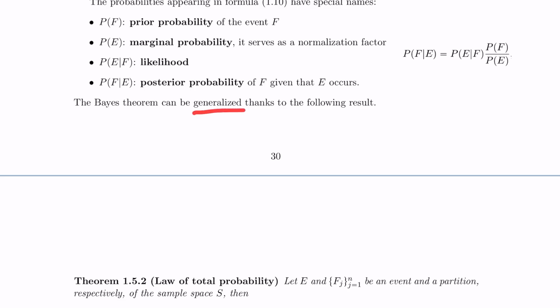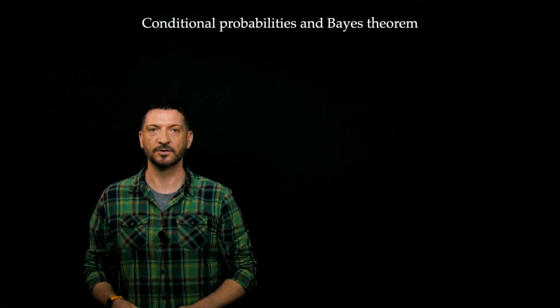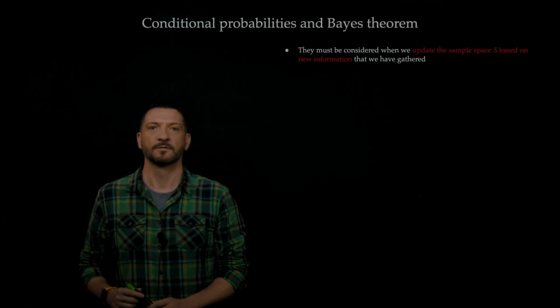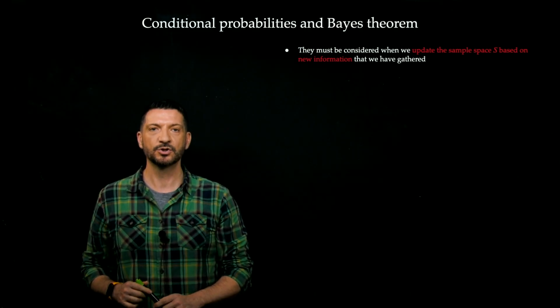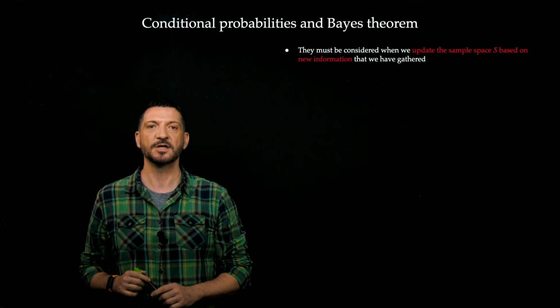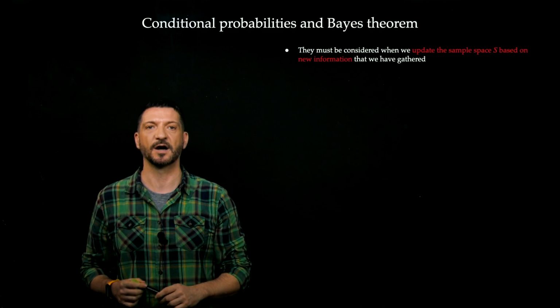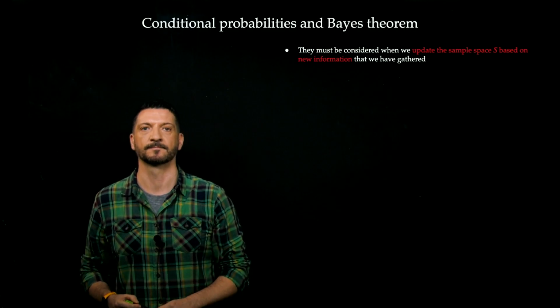Before giving a generalization, let's recall what we have seen so far with a short video. Let's recap in this video both conditional probabilities and Bayes' theorem. First of all, remember that conditional probabilities must be used each time the sample space must be updated because we have gathered novel information.